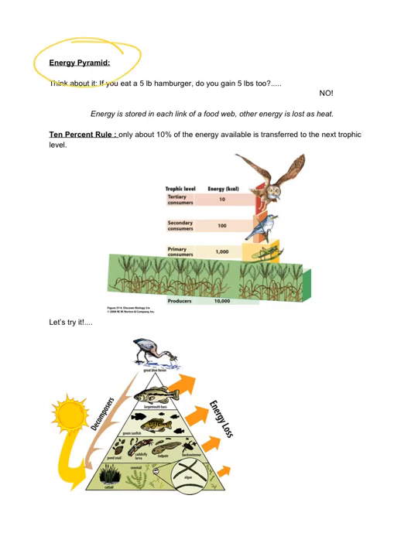So, you know, I pose this question. Think about it. If you eat a 5-pound hamburger, do you gain 5 pounds? And the truth is no, right? So energy is stored. Through digestion and metabolism, we store energy in a variety of different ways. So let's look at this little pyramid that we have down here, okay? We're going to learn this 10% energy rule, and this is what it means.